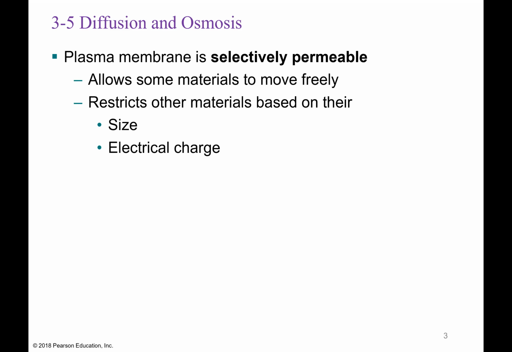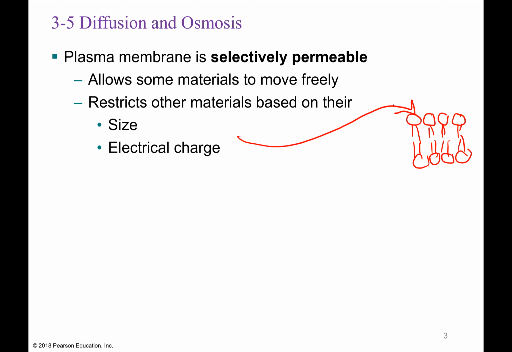So remember that the hydrophilic heads of the plasma membrane are water-loving, right? And water is polar. So you have an electrical charge on the inside and outside of the plasma membrane. So if a substance has a charge, it's going to be able to move across that membrane.